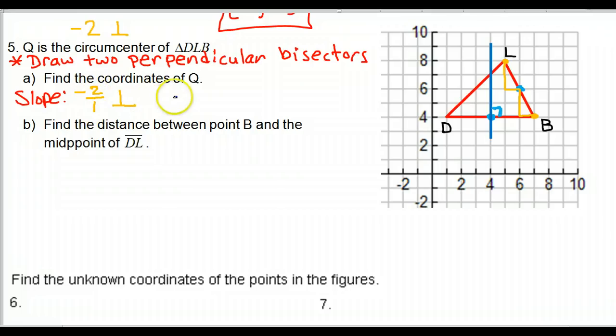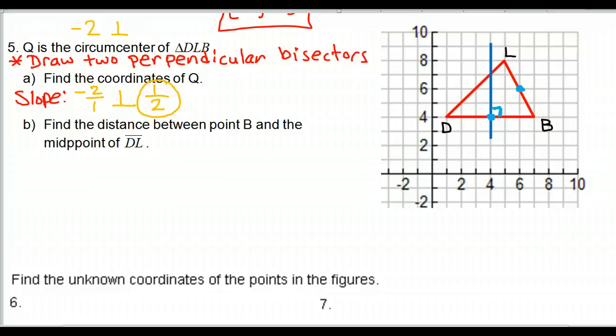Since this is 2 over 1, the reciprocal will be 1 over 2. So this is the slope that I'm going to use to draw my perpendicular bisector. Notice it is not down 1 over 1, or up 1 over 1. It's up 1 over 2. Make sure you pay attention to that.